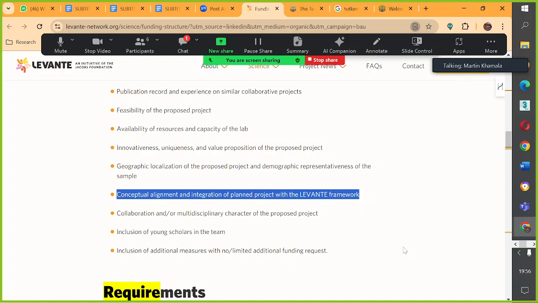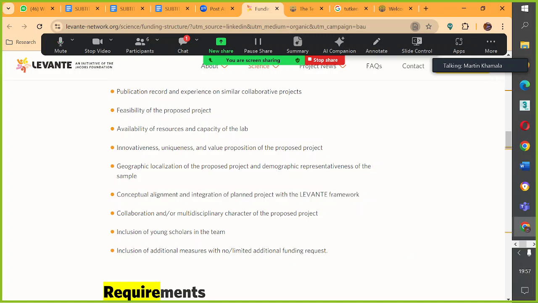Then conceptual alignment and integration of planned projects with the Levante framework. Collaboration and/or multidisciplinary character of the proposed project. And then inclusion of young scholars in the team.